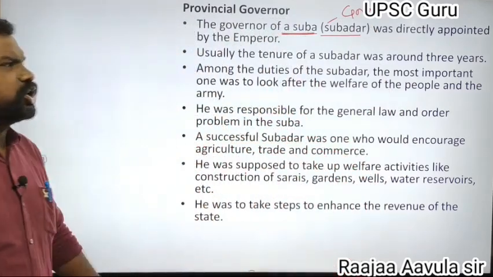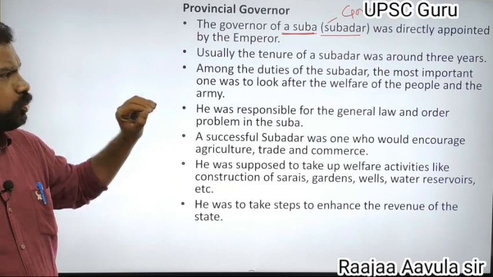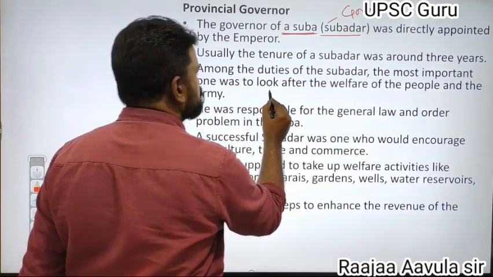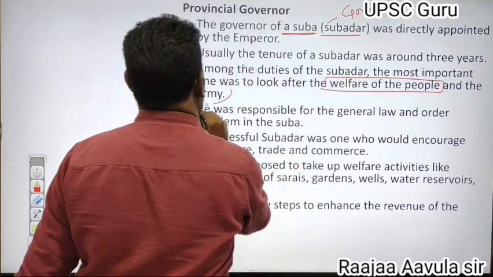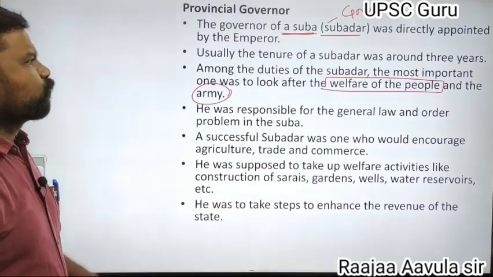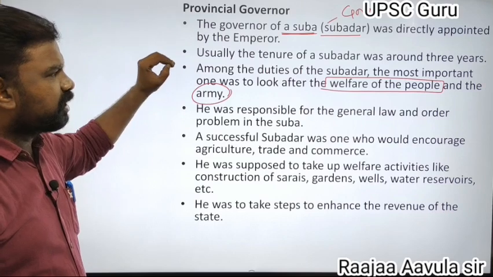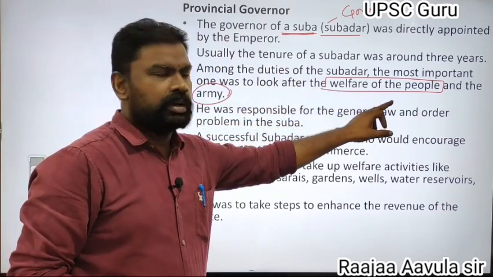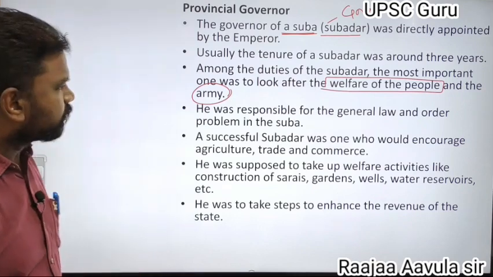Usually, the tenure of a Subedar was around 3 years. Among the duties of the Subedar, the most important was to look after the welfare of the people and the army.